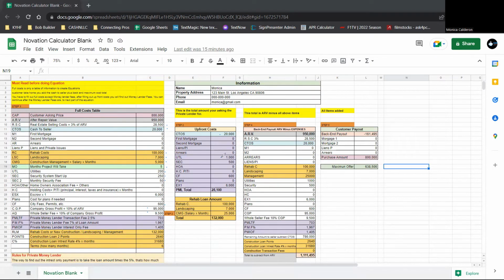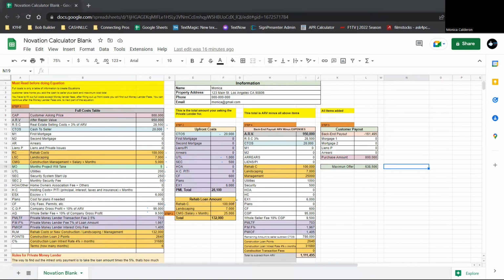Our utilities is the $200 times the 5 months. Our security would be the $50 times the 5 months, gives us $250, plus the $250 startup for the security system would be $500, no HOA, no plans, just the city fees and the escrow. This is going to give us $28,100 sum.